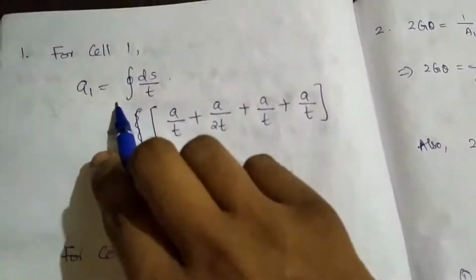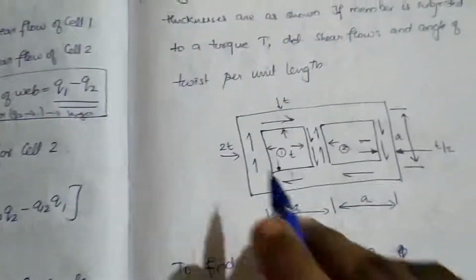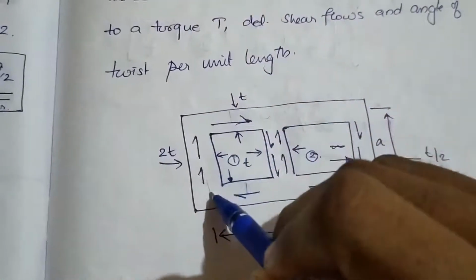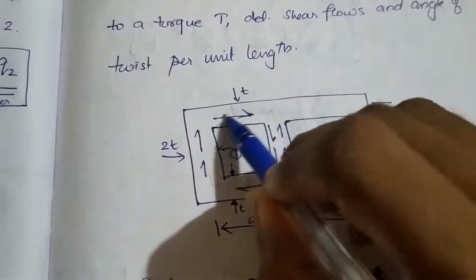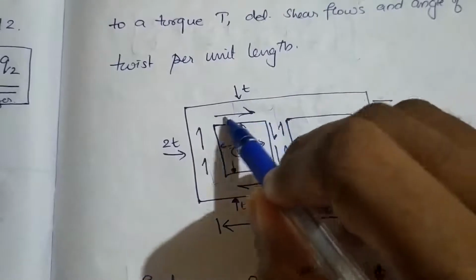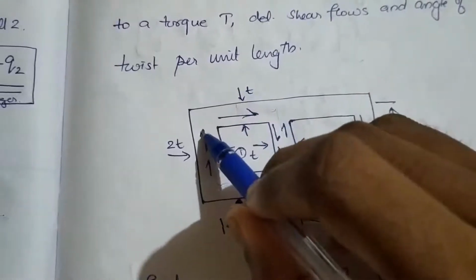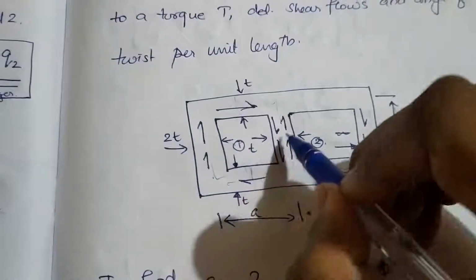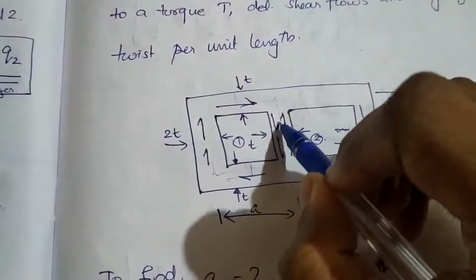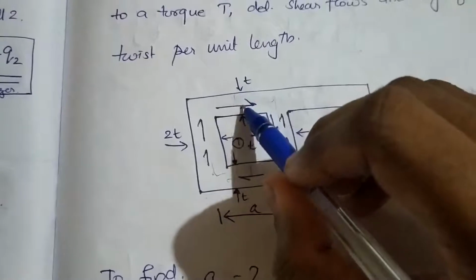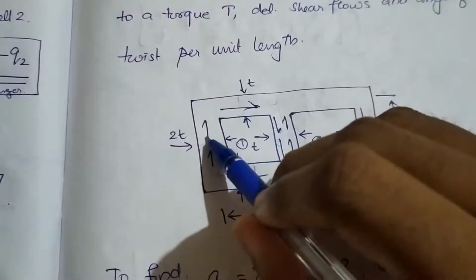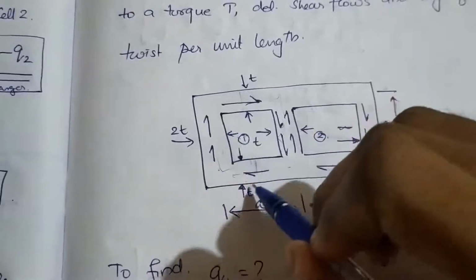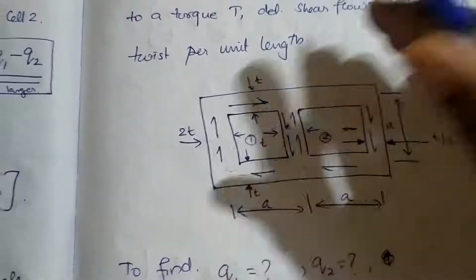Next we need to find out delta 1, delta 2 and delta 12. For cell 1, delta 1 is equal to the summation of ds by t. ds means this distance by t, plus this distance by this t, plus this distance by this t, this distance by this t. That means a by t plus a by 2t plus a by t plus a by t.